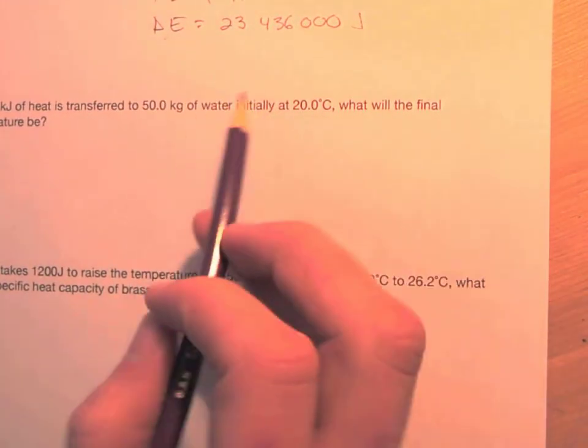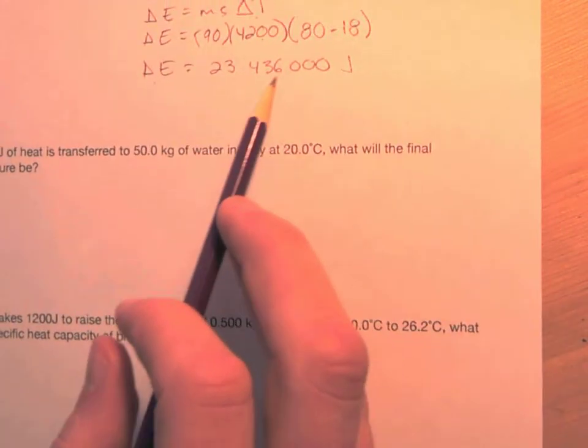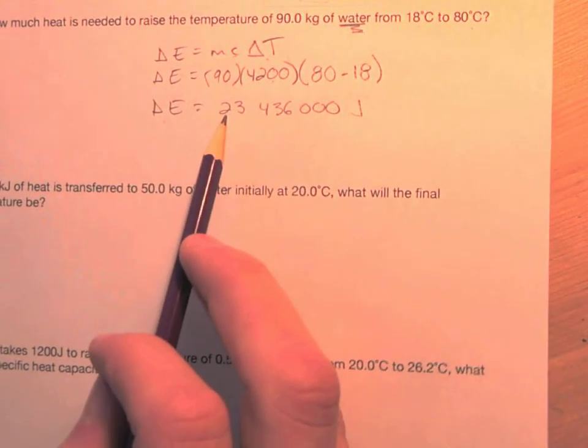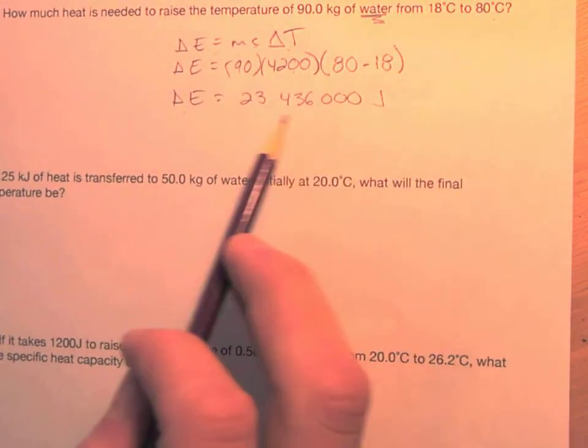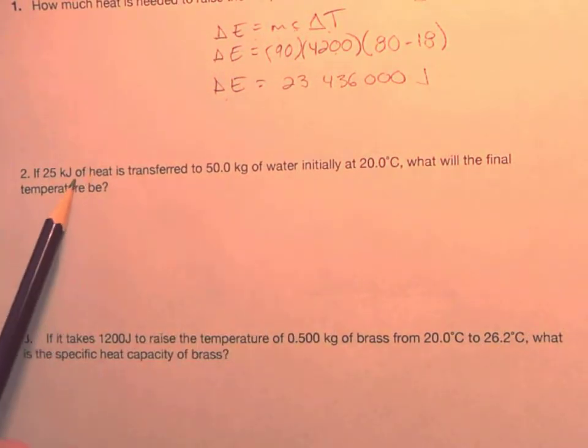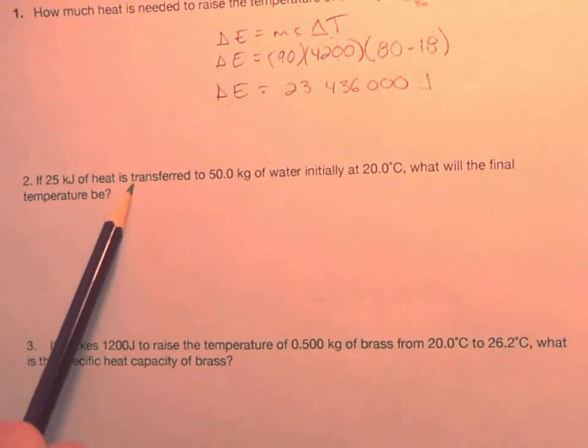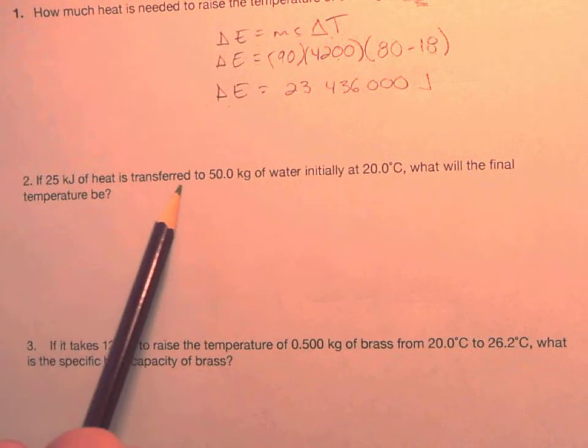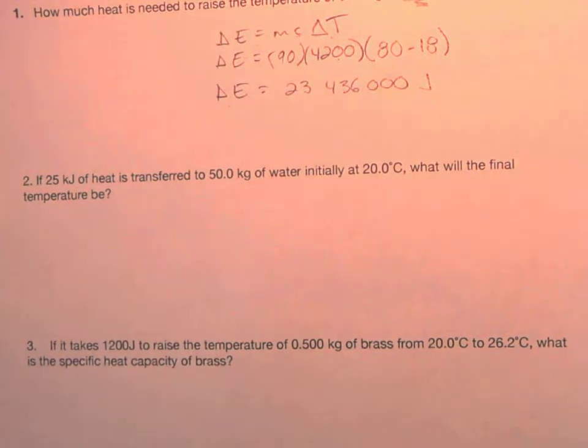That's generally why you might use up all the hot water, and it'll take a while for you to get it back. If 25,000 joules of heat, or 25 kilojoules of heat, is transferred to 50 kilograms of water initially at 20 degrees Celsius, what will the final temperature be?